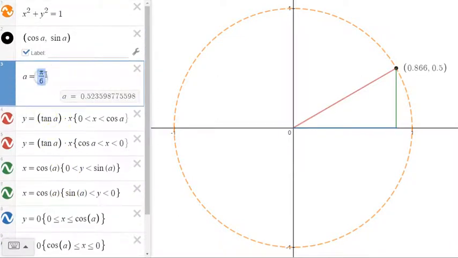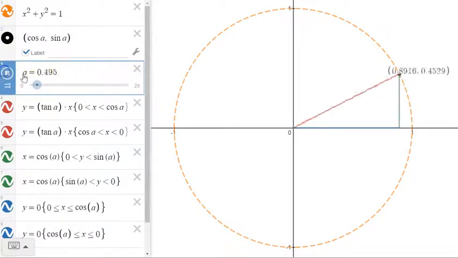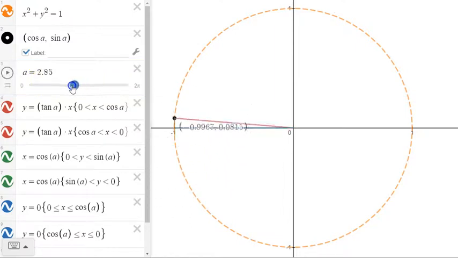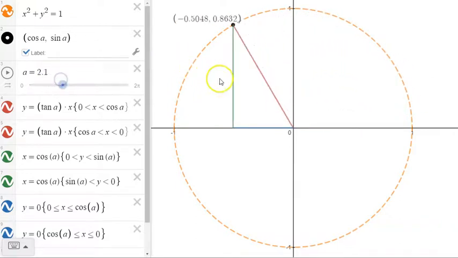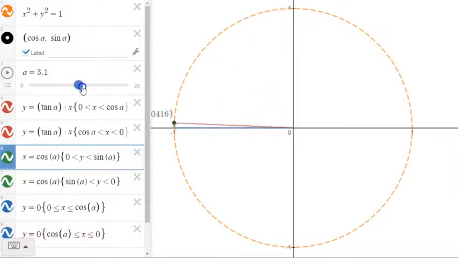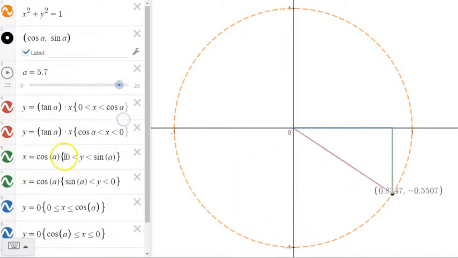If I sweep it over, let's change that back to a variable, let's say in our first quadrant, we're clearly positive. And in our second quadrant, notice that the sine value, our vertical component, is still above the x-axis, so we're still positive. And down here, we go into the negative, and so in the third quadrant we're negative, and in the fourth quadrant we're also negative.